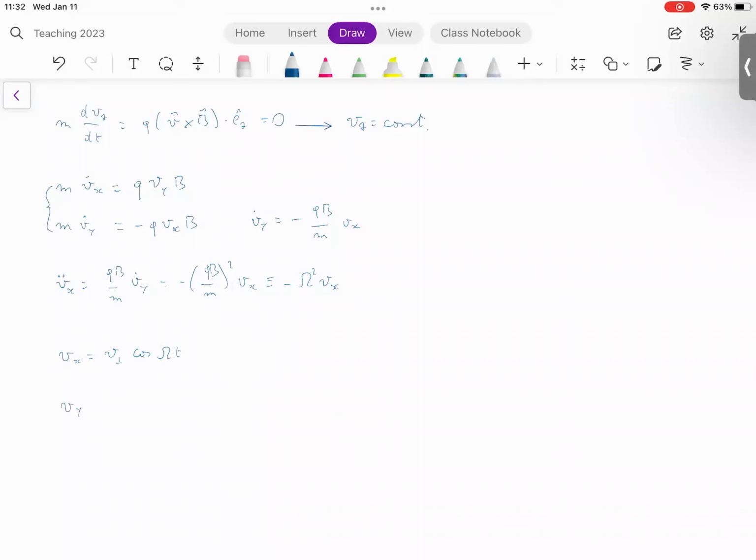That was v_y equal to m over qB times v_x dot. I'm using the first equation solving for v_y, which gives me minus q over |q| v perp sine of omega t.